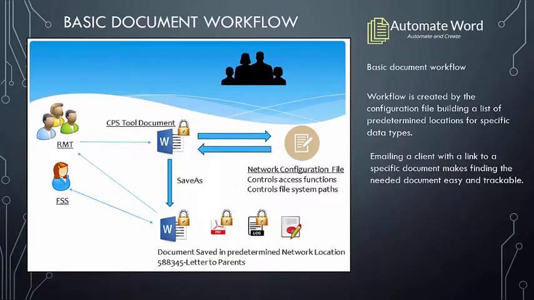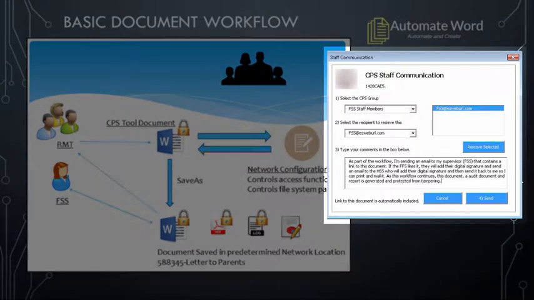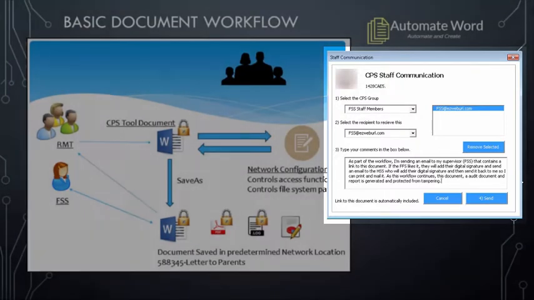As the RMTs finish creating the document and making modifications to the document, a workflow is started where the RMT emails the FSS with a link to where the document is located.